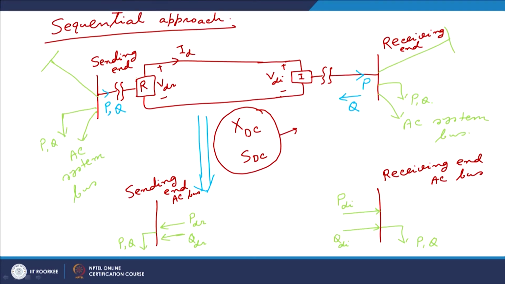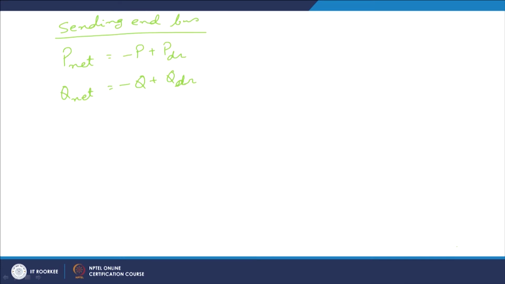So, for example, here we can say that PL and QL, here also PL and QL. Similarly, at the receiving end bus, we have P net as minus P plus PDI and Q net as minus Q plus QDI.